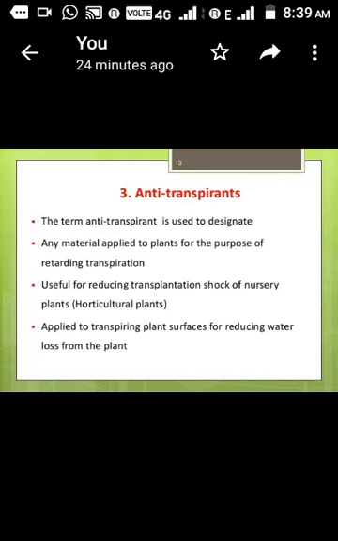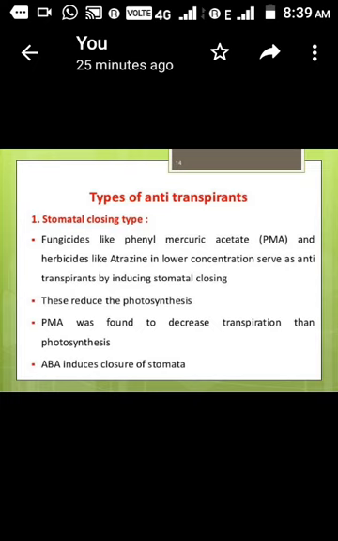Now we are going to see some of the types of anti-transpirants. First one is the stomatal closing type. Those chemicals and devices which close stomata lead to reduced transpiration. What are those?